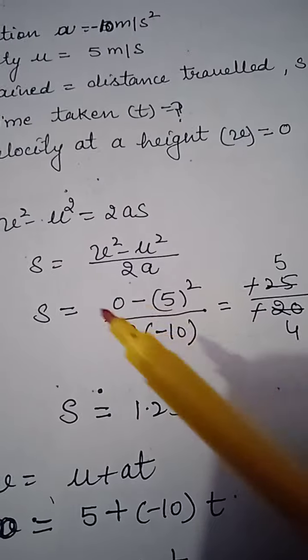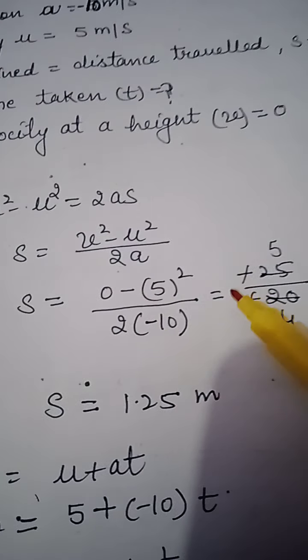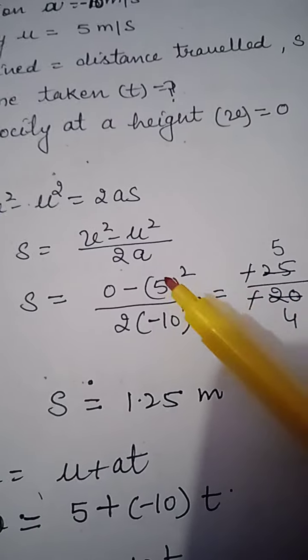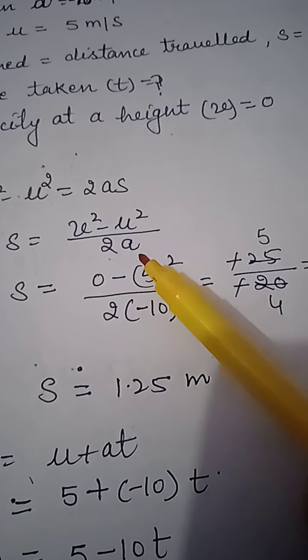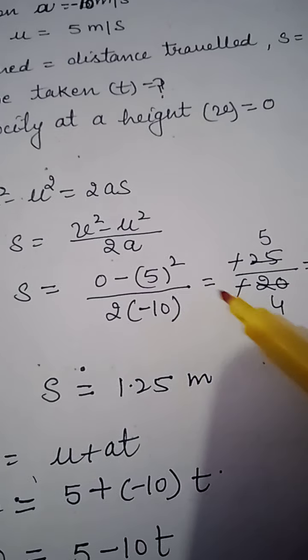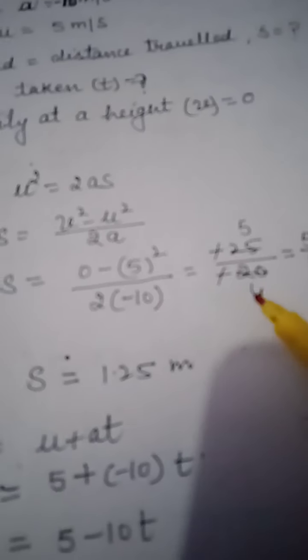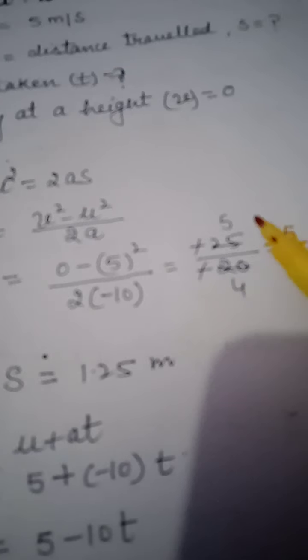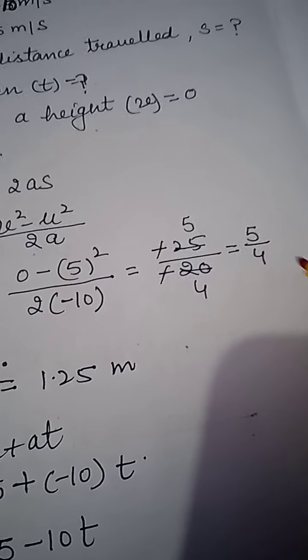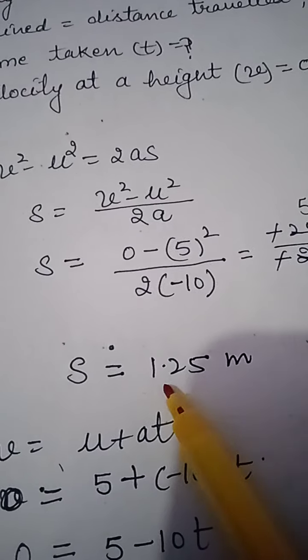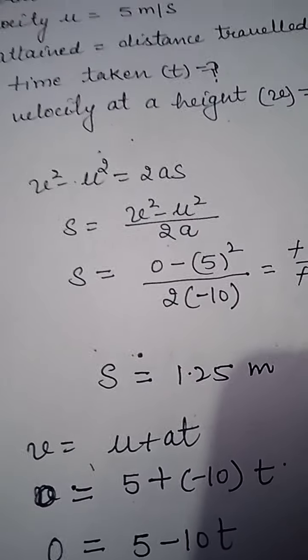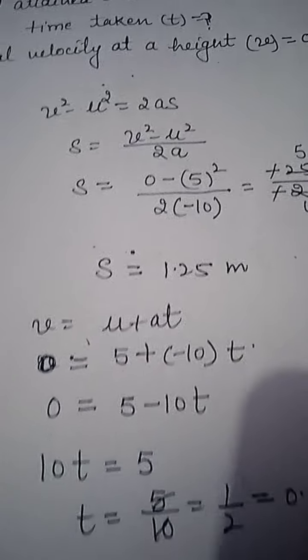Now 0 minus 5 square is equal to minus 25, upon 2 into 10, that is 20. Acceleration is equal to minus 10, so it is minus 20. Minus with minus cancel, we get 5 upon 4, and 5 upon 4 after dividing is 1.25 meters.